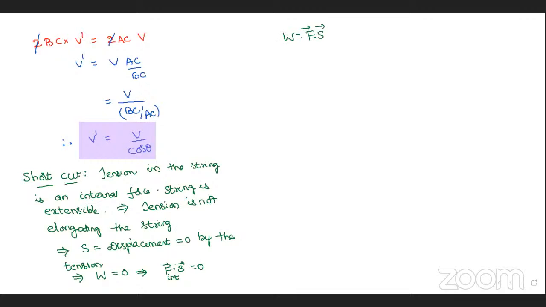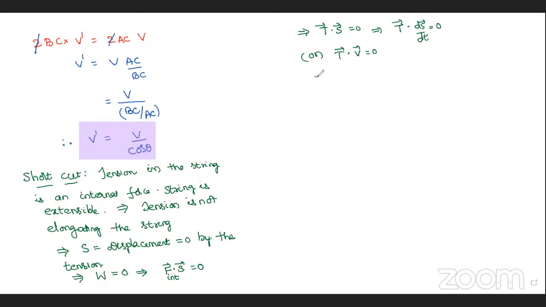So here, F internal dot S equals 0 means T bar dot S bar equals 0. If I differentiate this term, I will get T bar dot ds by dt equals 0. That implies T bar dot V bar, since ds by dt is velocity, equals 0.